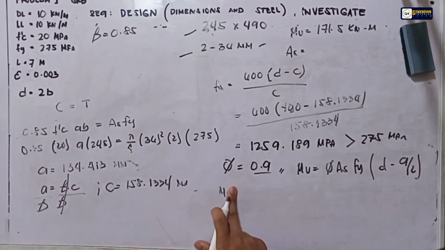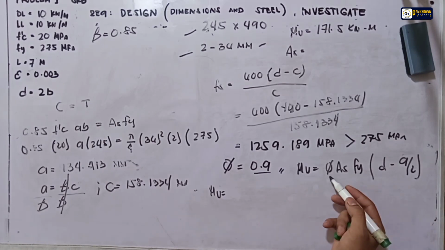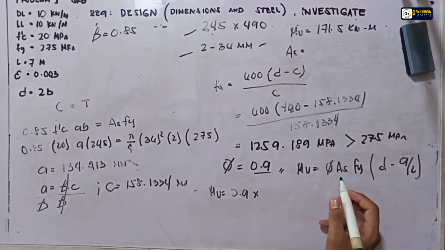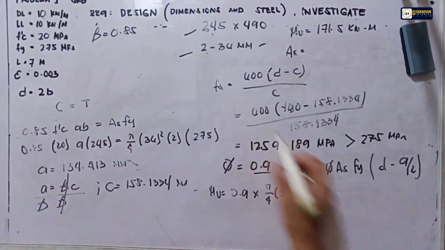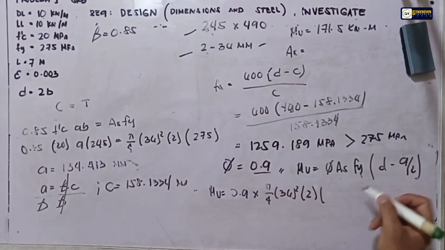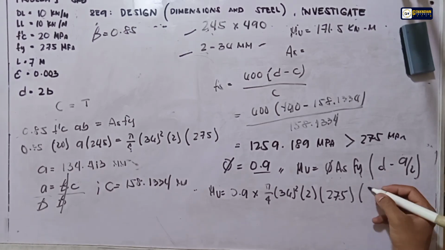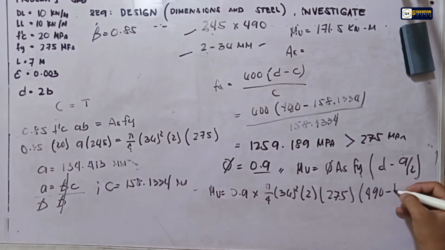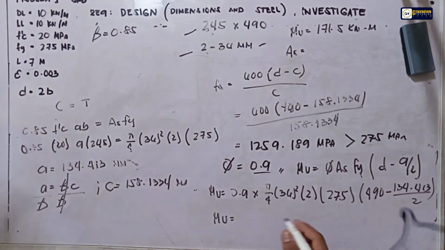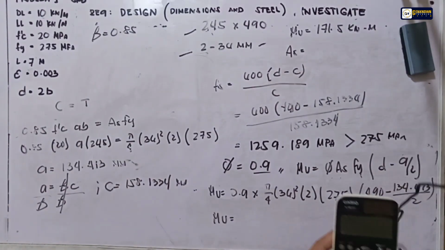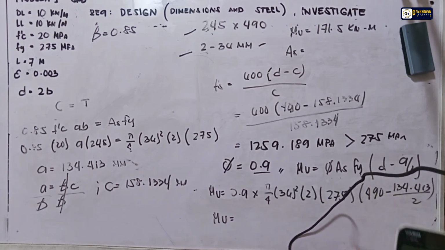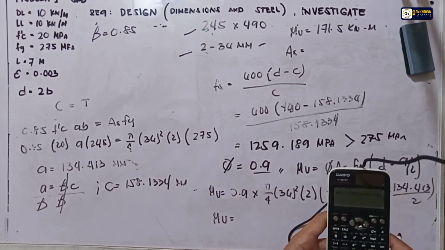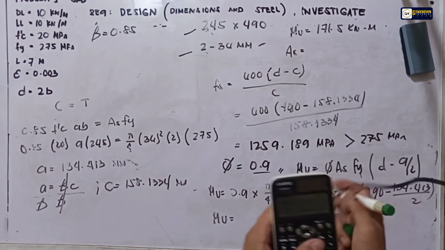So, Mu is equal to 0.9 times ang As natin, pi over 4 multiplied by 36 squared multiplied by 2, multiplied by Fy, 275, multiplied by d is 490 minus a, 134.413 over 2. So, ganyan ang lalabas dyan.